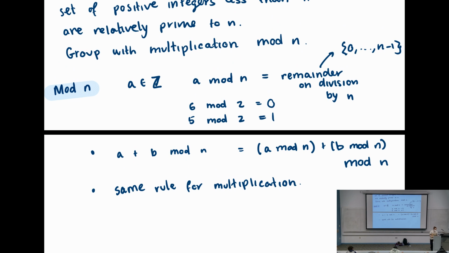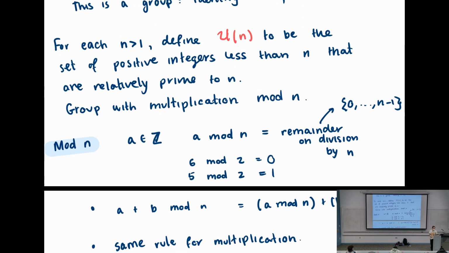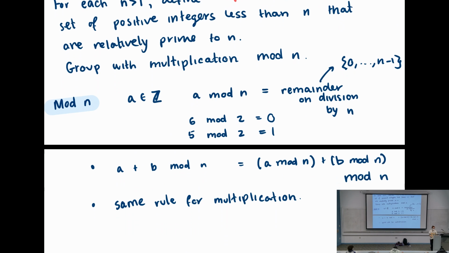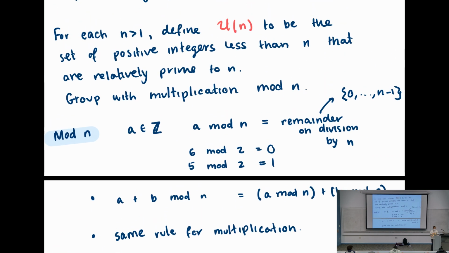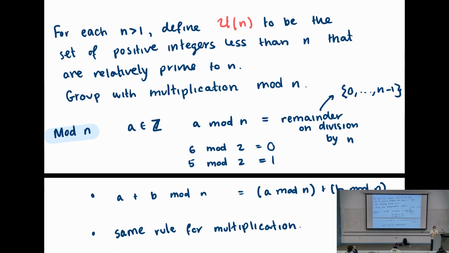Okay, so with the last few minutes, let's look at one of these U groups a little bit more closely. Let's look at U10. The elements of this group are all positive integers less than 10 that are relatively prime to 10.